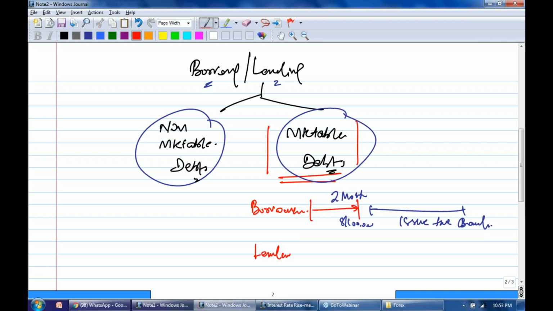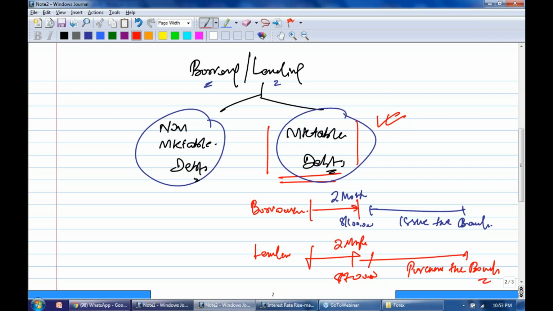But in case of marketable debts, again with 2 months time, you have 70,000 spare and you want to invest in bonds, that means you want to purchase the bonds.